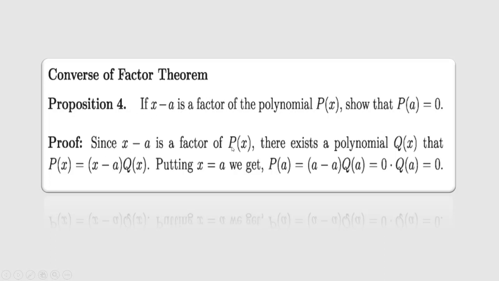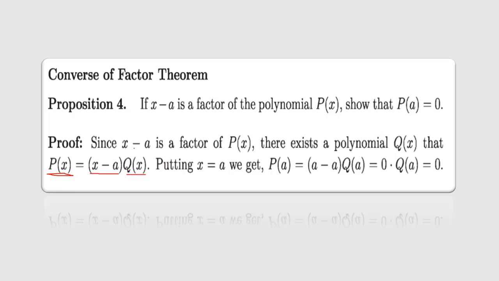Since x minus a is a factor of p of x, that means x minus a can divide p of x. From division algorithm, we can write p of x, where p of x is the dividend, equal to divisor into quotient plus remainder.